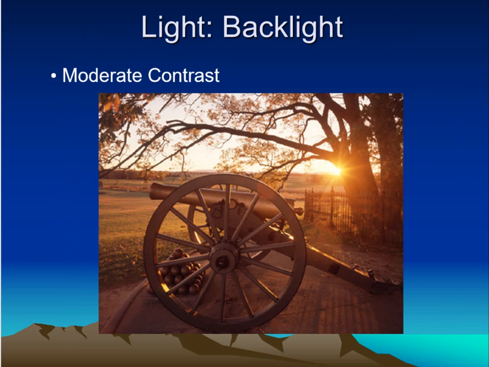Now, this is kind of an interesting shot. The sun's about to set, so there's still a lot of contrast, but also the contrast is moderating a little bit. There's detail in the shadows here, even with the sun shining into the lens. That's not easy to do in most cases, but the reason it's working is because I purposely positioned the camera so that the sun is sort of peeking around the tree.